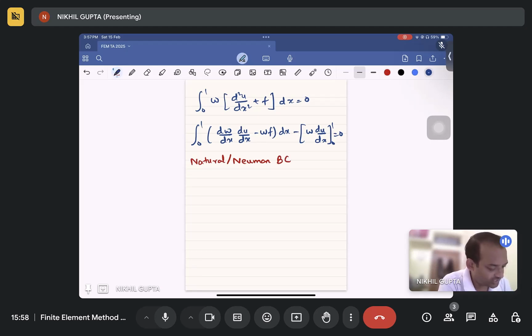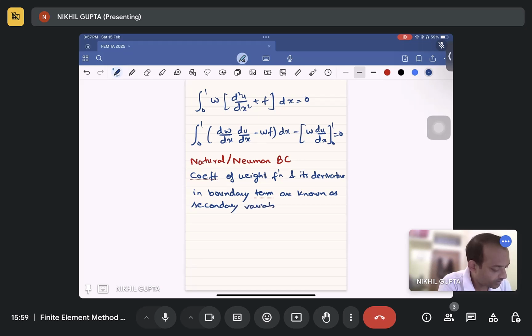The definition says: the coefficient of the weight function and its derivative in the boundary term are known as secondary variables and correspond to the NBC.